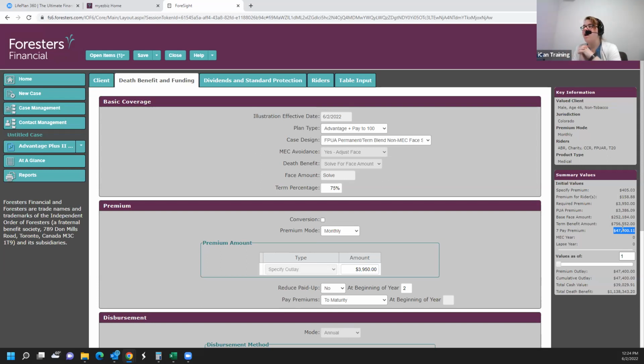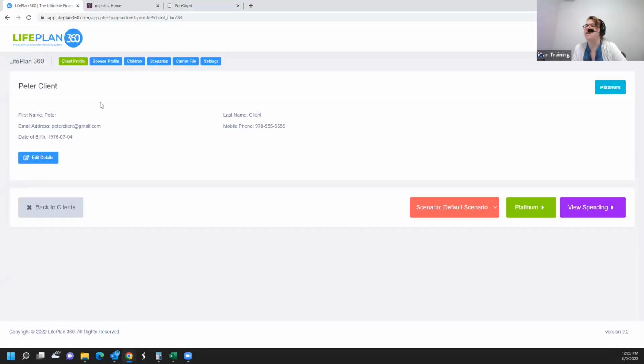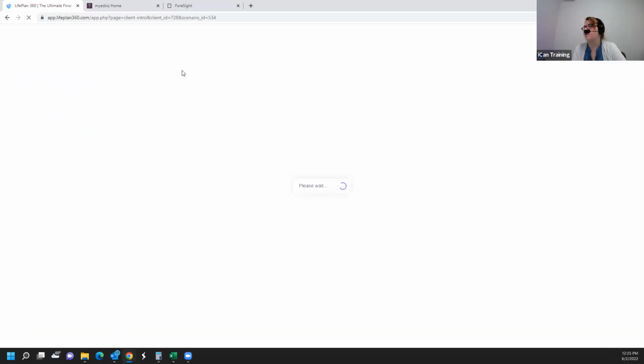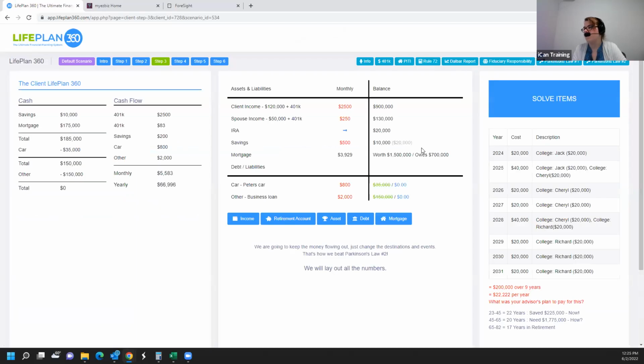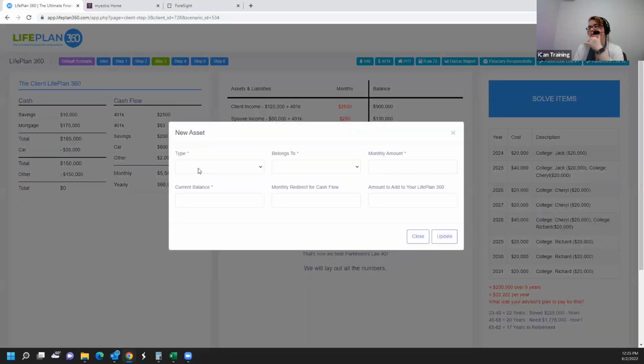There are a couple of ways to get around it becoming a modified endowment contract. So let's say that this client had, we're going to go in here. We're going to go back to step 3. Let's say they have another asset, and we're going to say that this asset is a mutual fund.